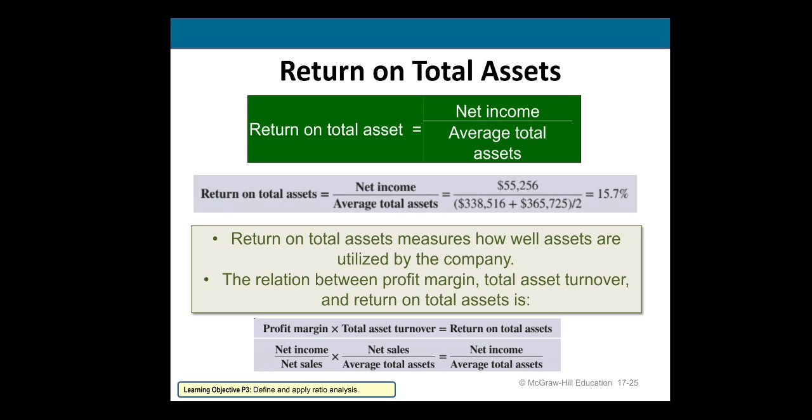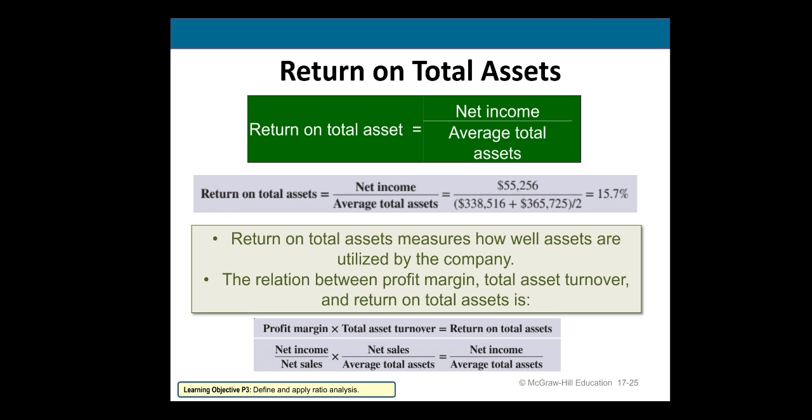So for the sample business that we have in this slide, if you want to calculate the return on total asset, the net income is equal to 55,256 divided by average total asset. The way to calculate the average total asset is the ending total asset plus beginning total asset divided by 2.